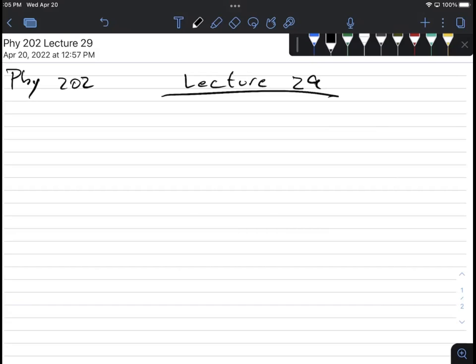But basically, if you remember, with polarization, we would have, let's say, light polarized horizontally. And then we're going to try to go through a series of polarizers. Let's say the first polarizer is at 30 degrees.